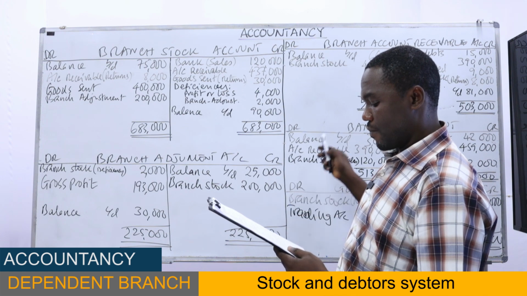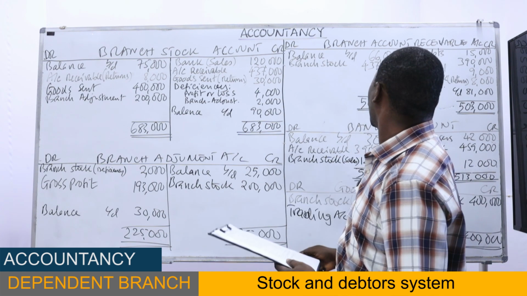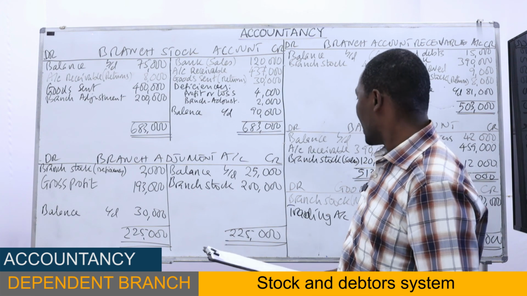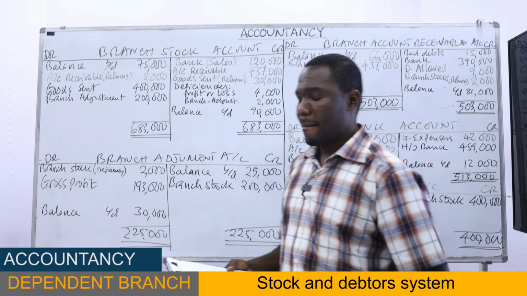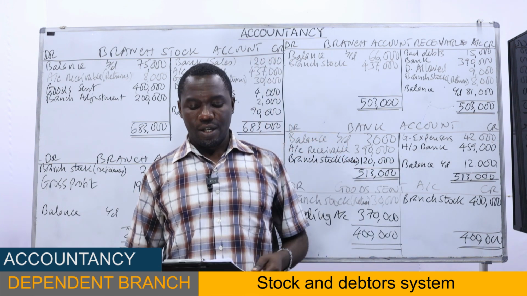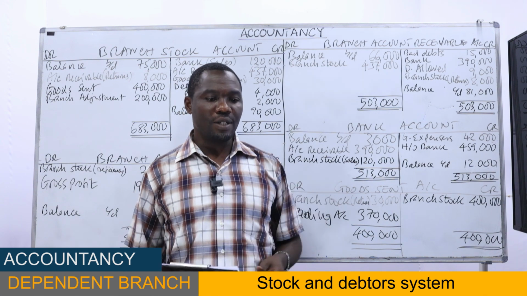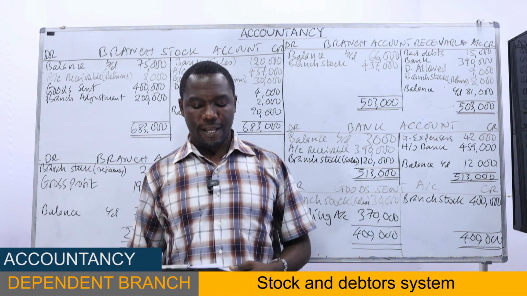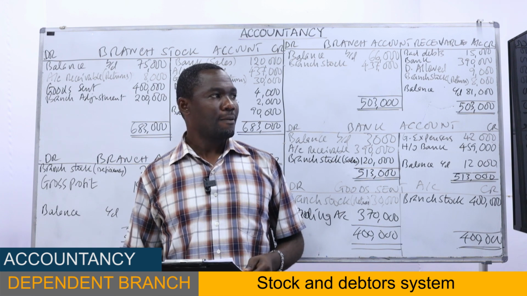Then we have branch adjustment and the accounts receivable, as well as the bank account. So far, under this method, we are going to find more challenging questions. Even the previous one, continue doing more revision, do as many questions as you can.